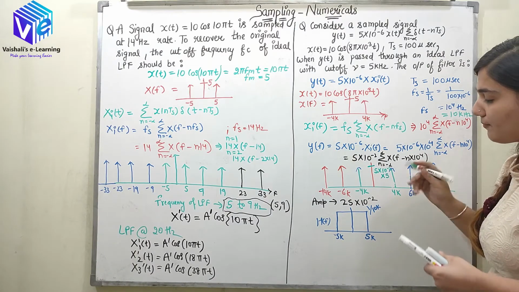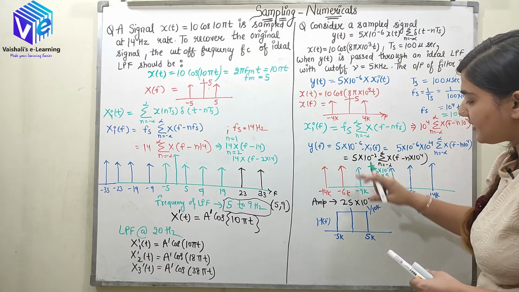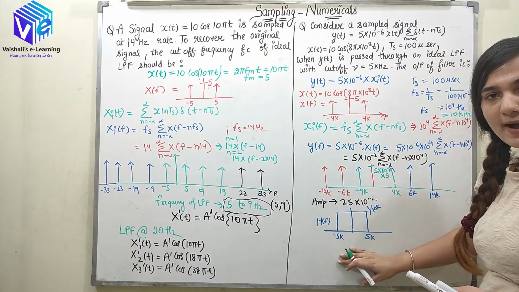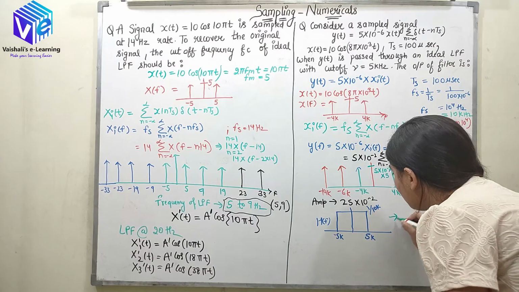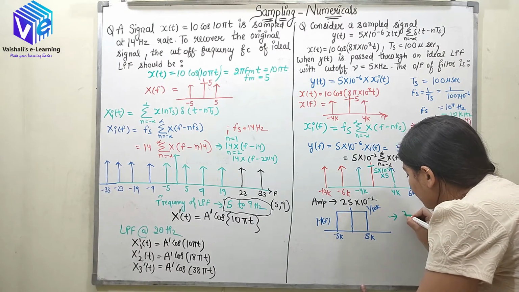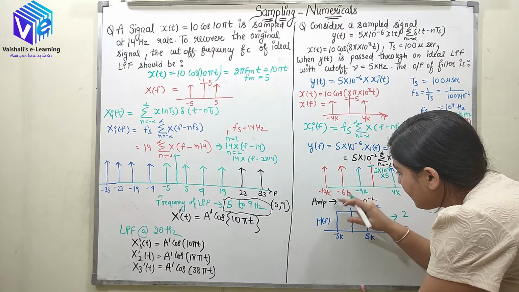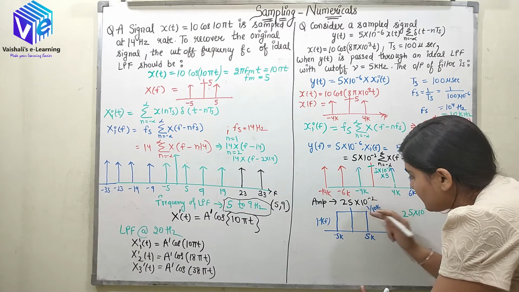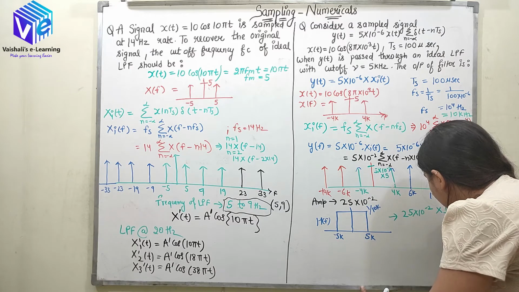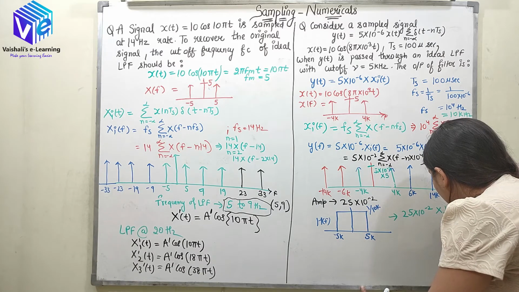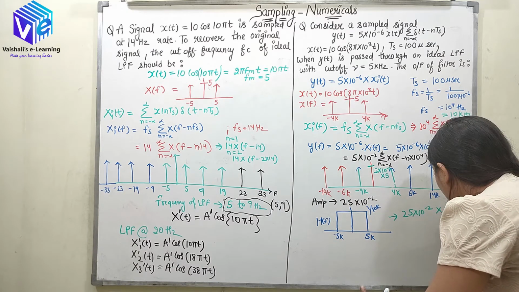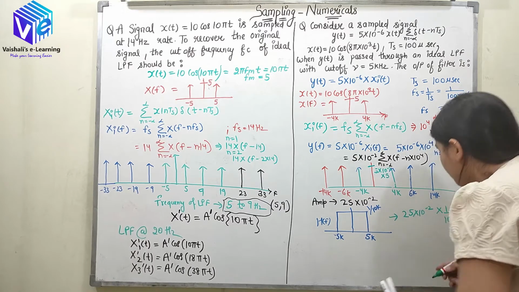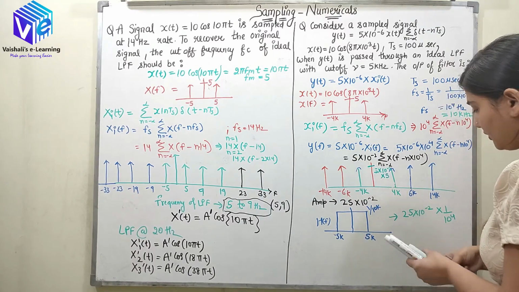Now what will I do? I have to multiply this sampled signal with the low pass filter. So the output would have the amplitudes multiplied. This amplitude 25 into 10 raised to power minus 2 is multiplied with this amplitude which is 1 upon 10 raised to power 4. So now what would be the output?